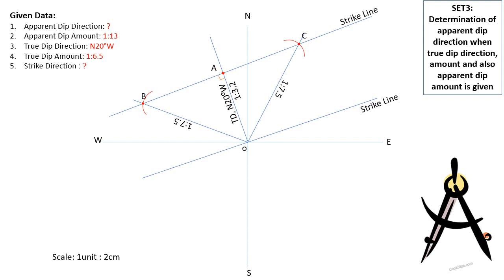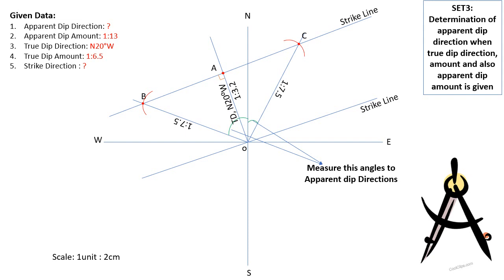So this is the required answer. So we will measure the angle from north. What is the angle from north? What is the angle towards west? So these are the two required angles, that is, measure this angle for the apparent dip directions.